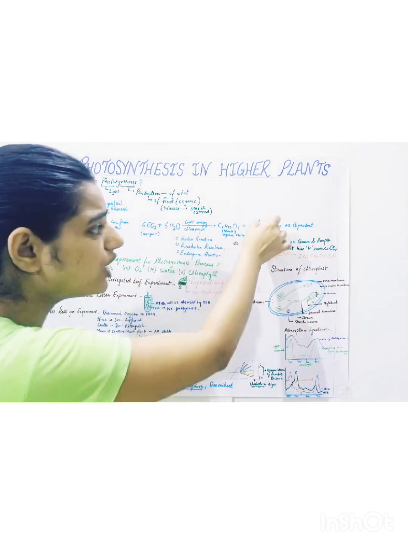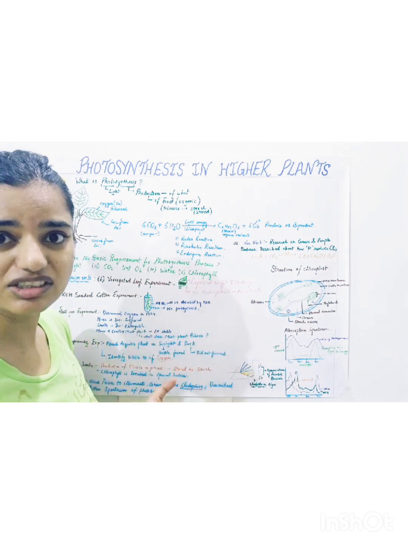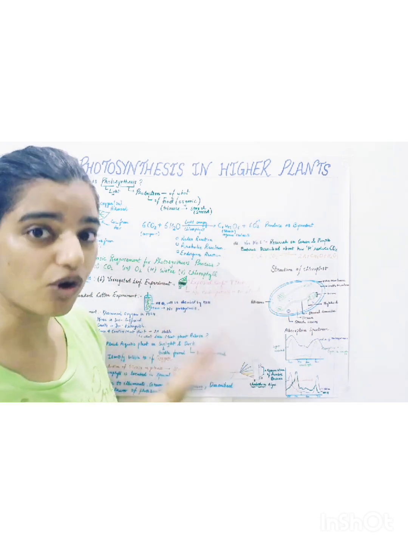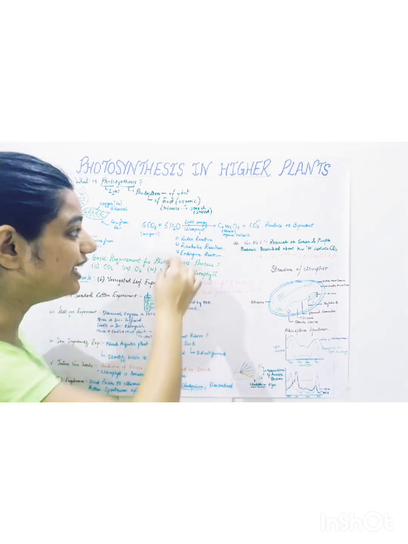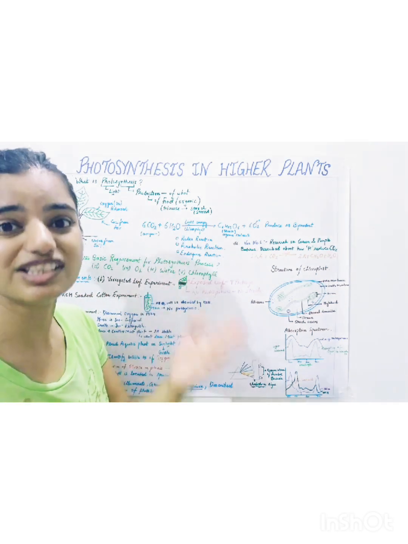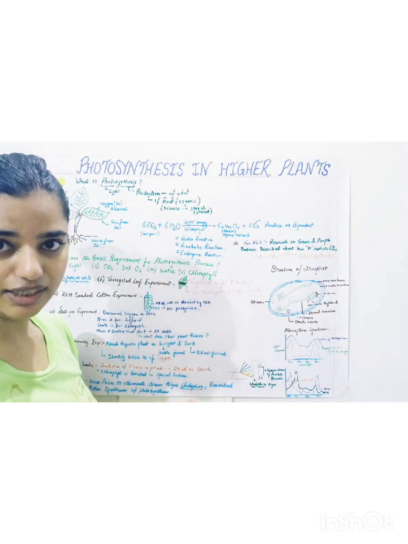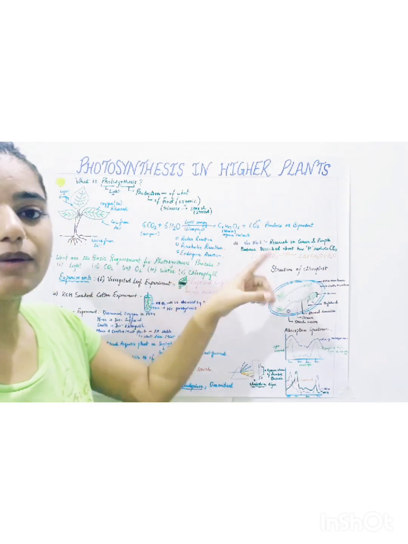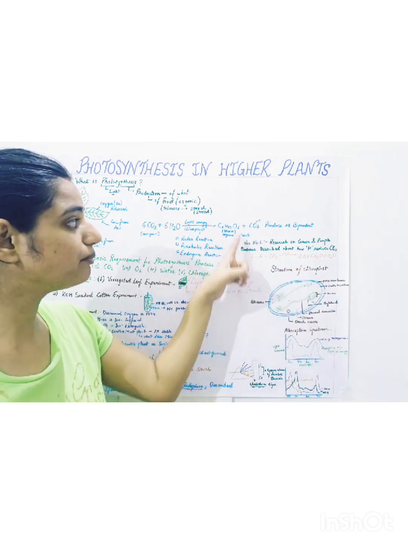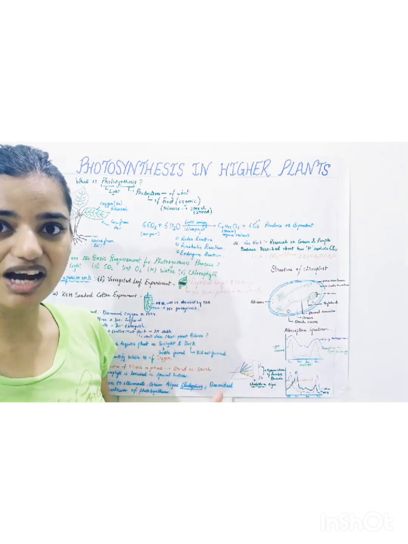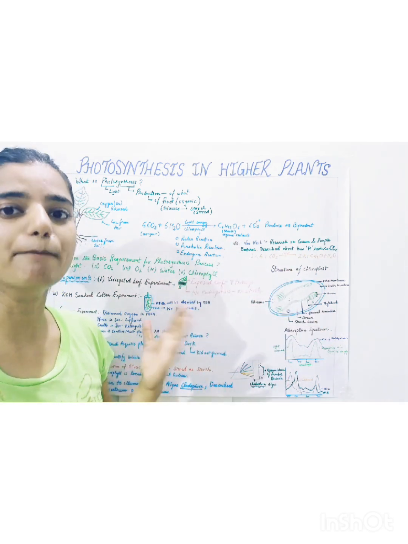So are they doing photosynthesis for releasing oxygen? No, they are doing photosynthesis for synthesizing their own food, that is glucose, which is then stored in the form of starch, and releasing oxygen as a byproduct.